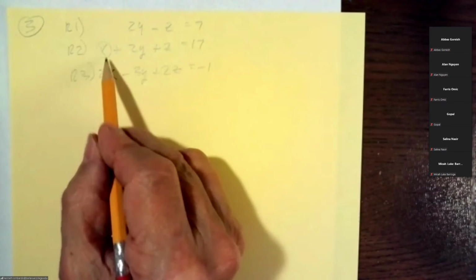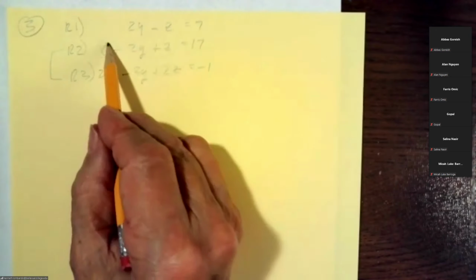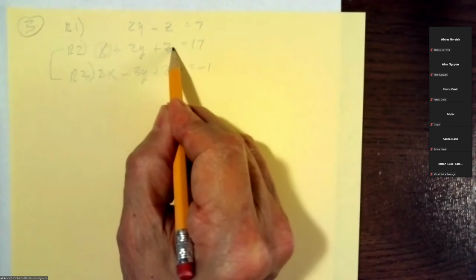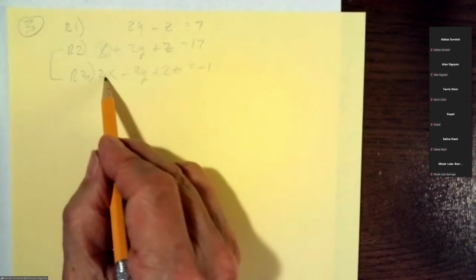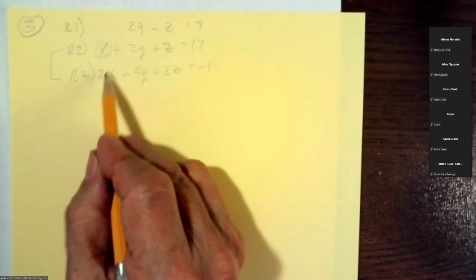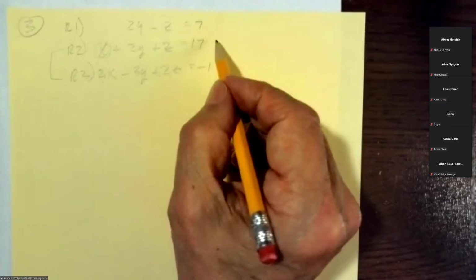Here's 2, here's 3. So if I combine these two guys, you notice I have one x that's positive, one z that's positive. Here I have two x's and two z's, and those are both positive. So it looks like I could combine those by multiplying this equation.